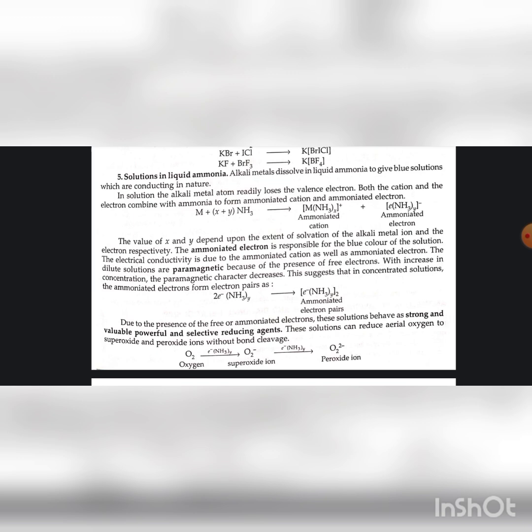This suggests that in concentrated solutions, the ammoniated electrons form electron pairs: 2e negative (NH3)y gives the ammoniated electron pair [e(NH3)y] twice. Due to the presence of free or ammoniated electrons, these solutions behave as strong, powerful, and selective reducing agents. These solutions can reduce oxygen to superoxide and peroxide ions without bond cleavage.